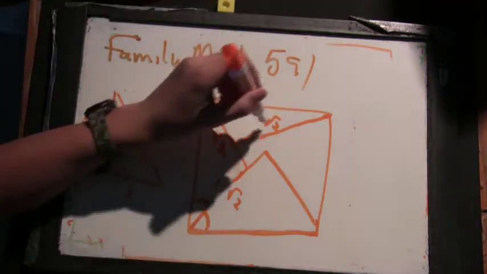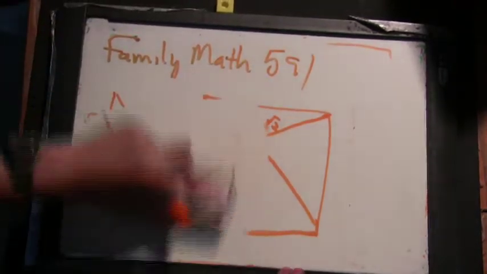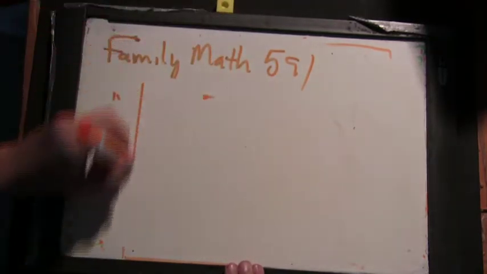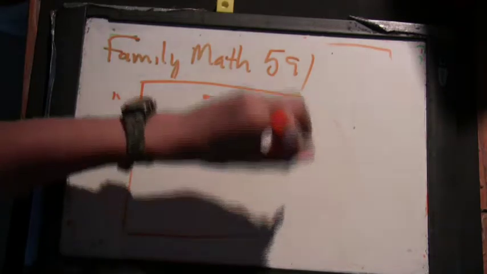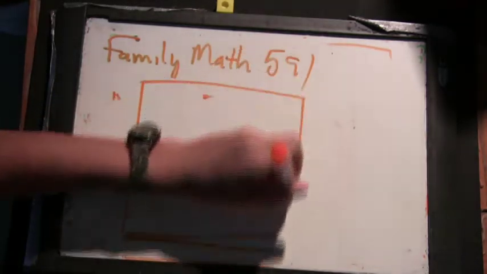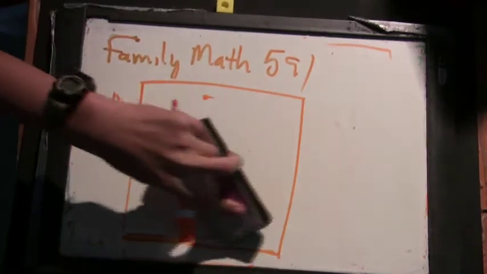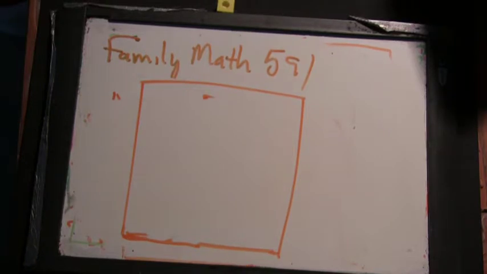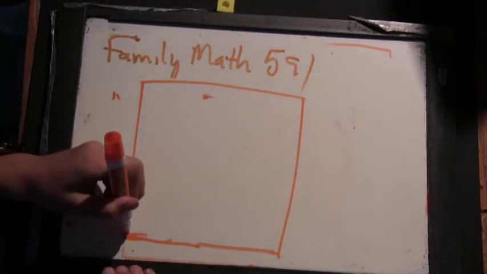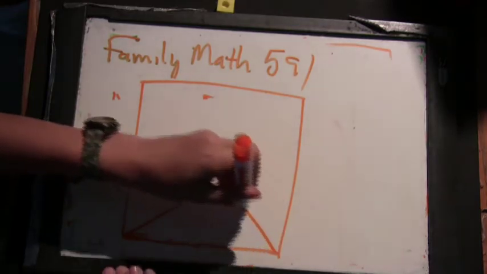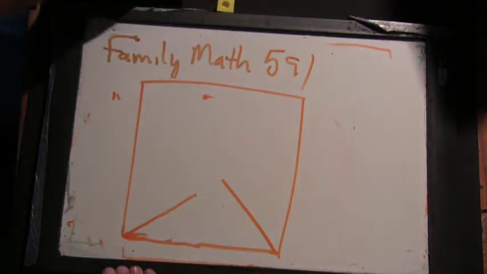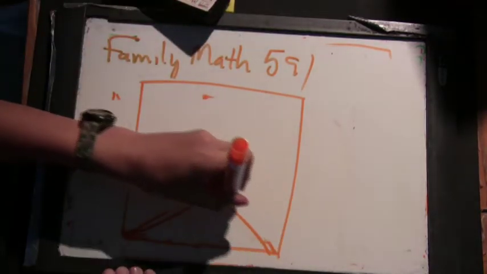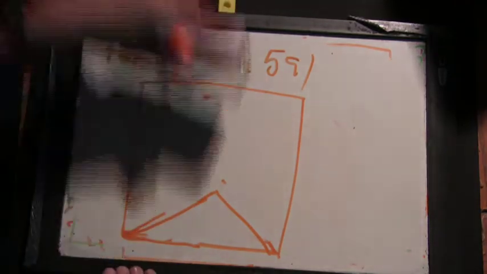But I'm not sure if I'm going to get a shape like this. Let me draw this so it's a little bigger. So we've got a side, it keeps looking isosceles.